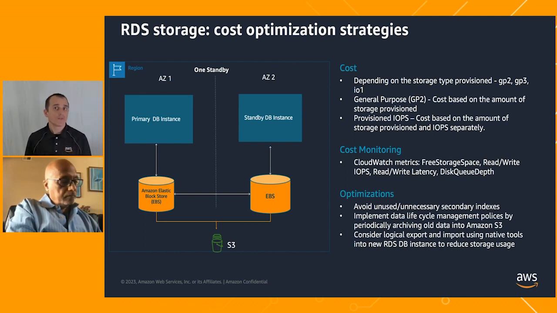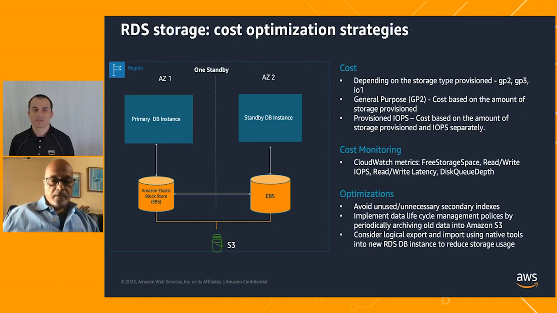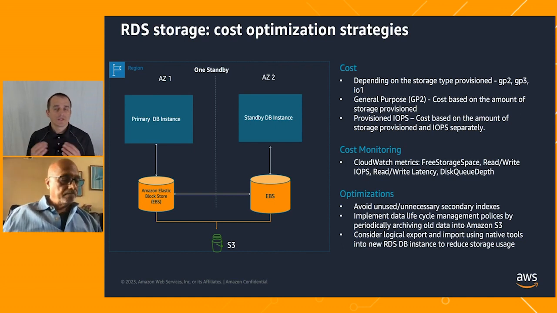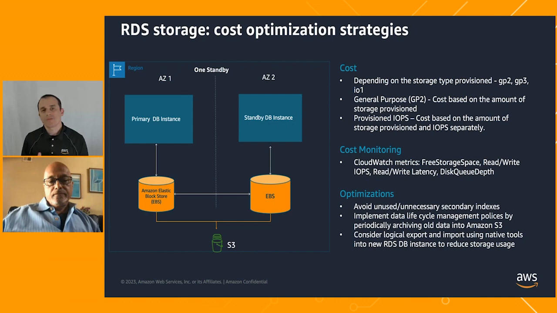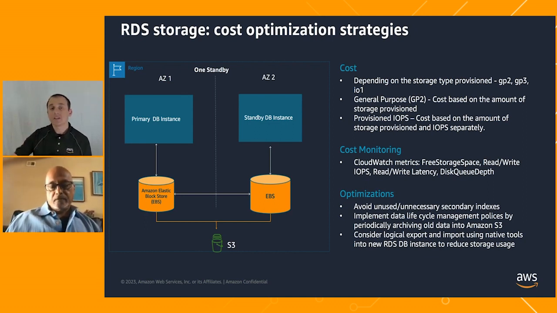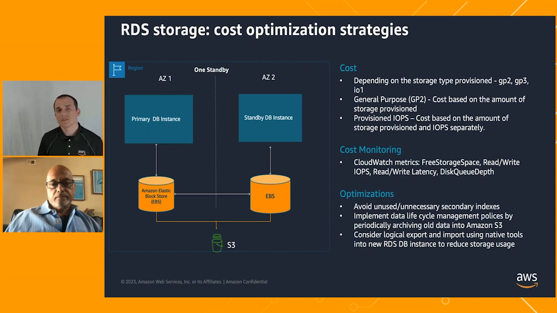And you can even configure RDS instances to expand storage automatically, right? And this is really, really useful because you don't have to provision those instances with the amount of storage you would use several years from now and then pay for a bunch of free space right now. Instead, you can provision these instances with auto-expanding storage, and as your volume of data grows over time, you pay only for the storage that you use at that point in time.